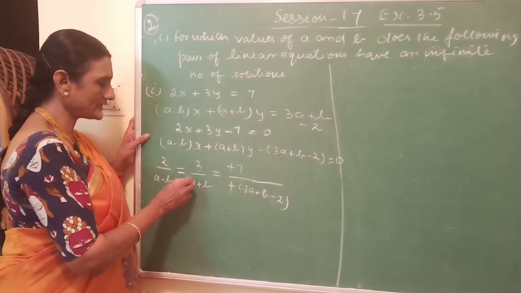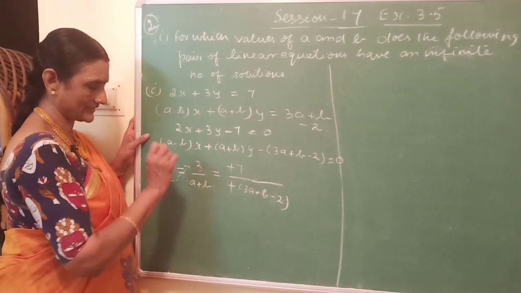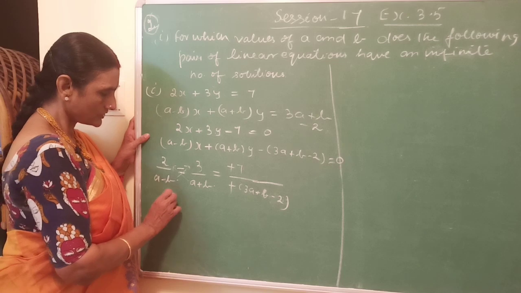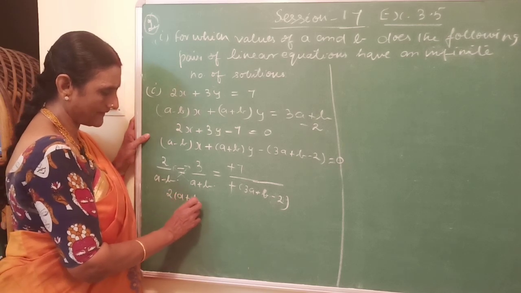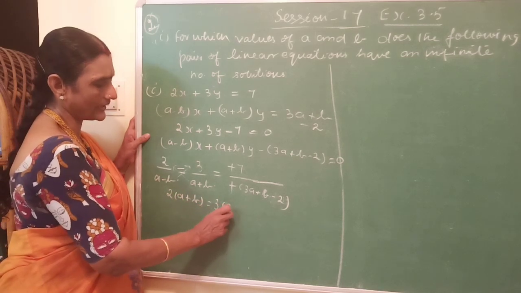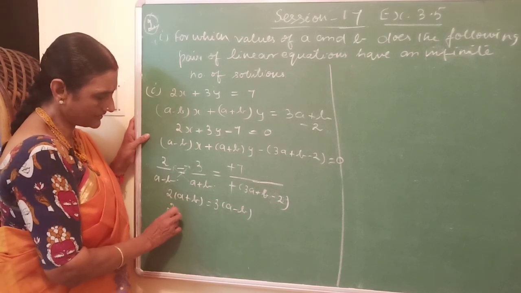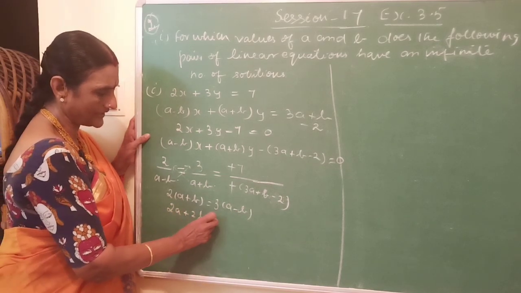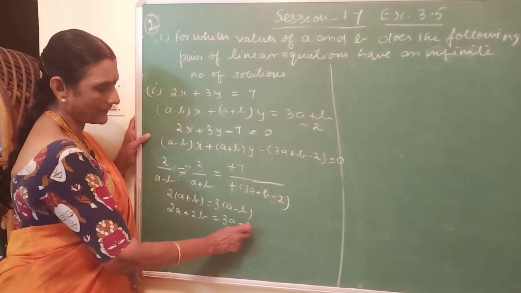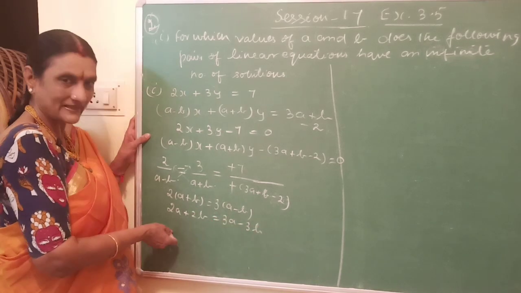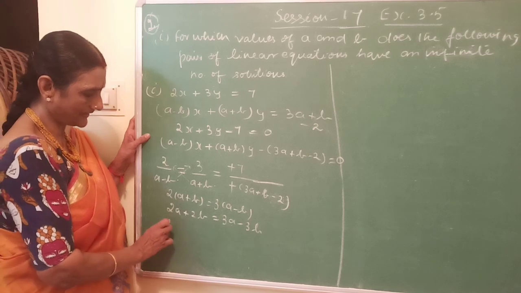Okay, so you just multiply these two first. So if you take 2 into a plus b is equal to 3 into a minus b. Are you understanding? Now you bring it outside. 2a plus 2b equal to 3a minus 3b. This comes here. 2a minus 3a.